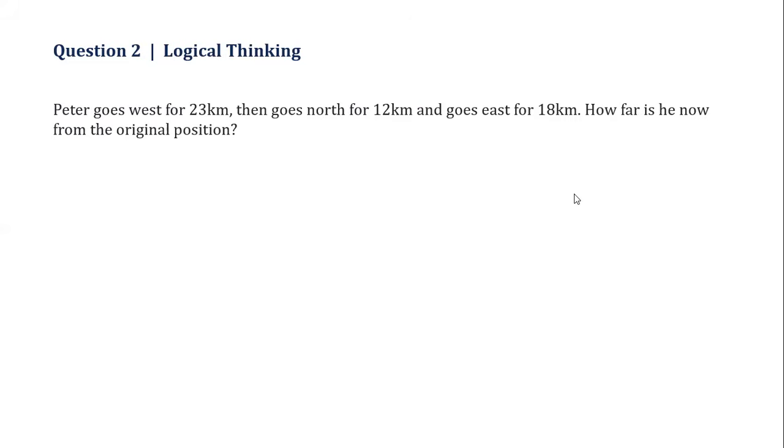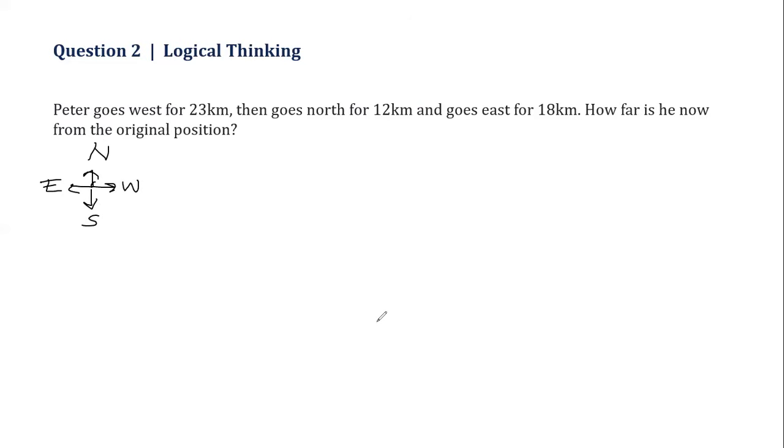So for this problem, I think it's easiest if we have some kind of visual. This is the north, this is the east, this is the west, and this is the south.